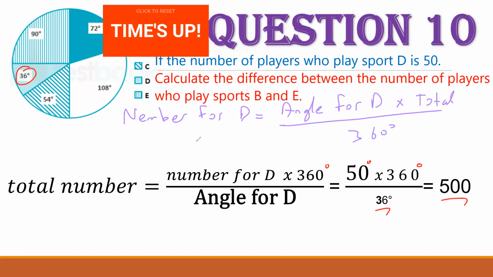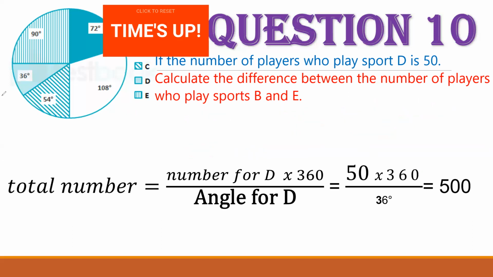And what I know: number for D equals 50, angle for D is equal to 36, and times total, which I don't know, I'm going to calculate, over 360. If you use this and cross multiplication, then you can get the total number. Okay, it's another way you can calculate. So the total number we have now is equal to 500.